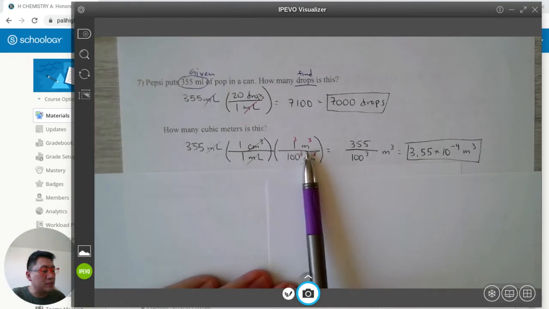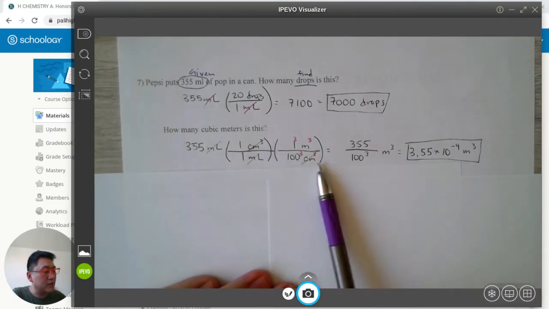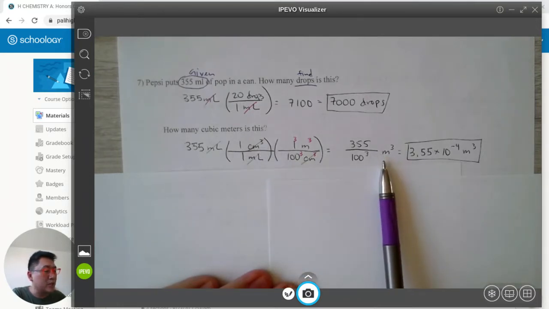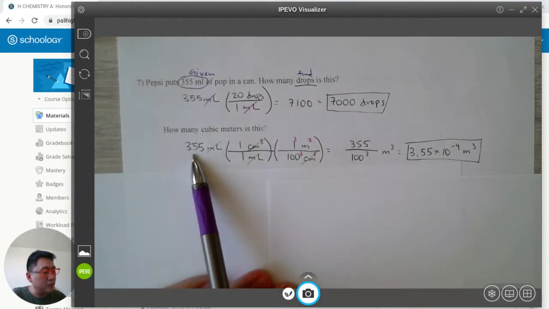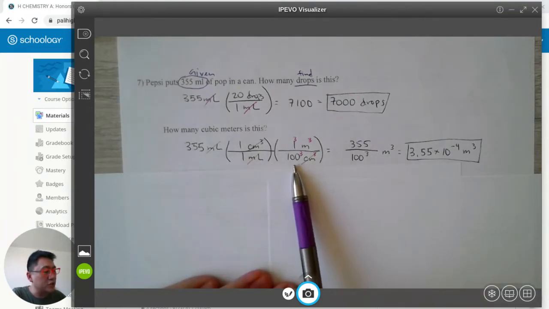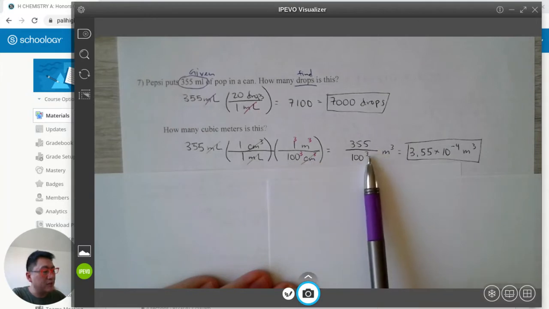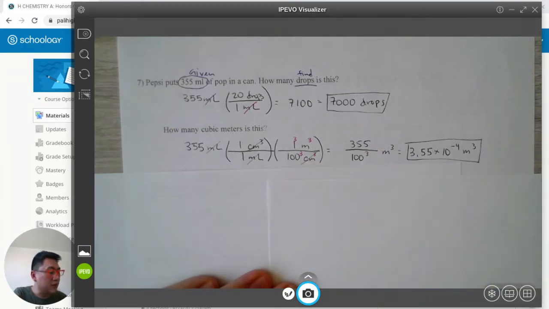That'd be 1 meter cubed to 100 centimeters cubed. So centimeters cubed will cancel out, and I only have meters cubed left. So this will be 355 divided by 100 cubed, which to 3 significant figures is 3.55 times 10 to the minus 4 cubic meters. That's probably the hardest problem on all of these.